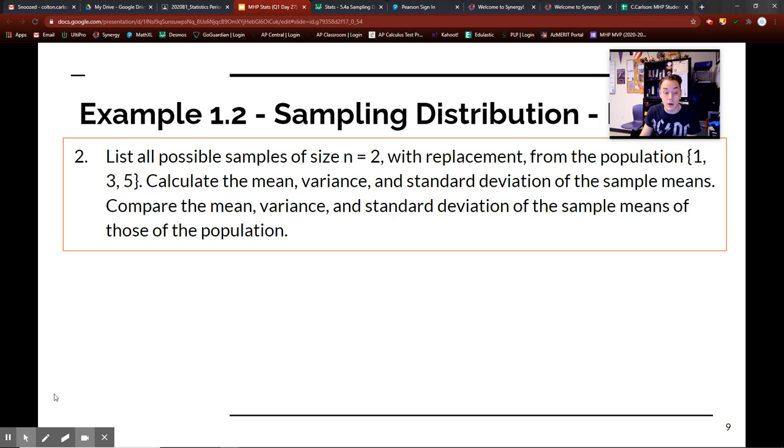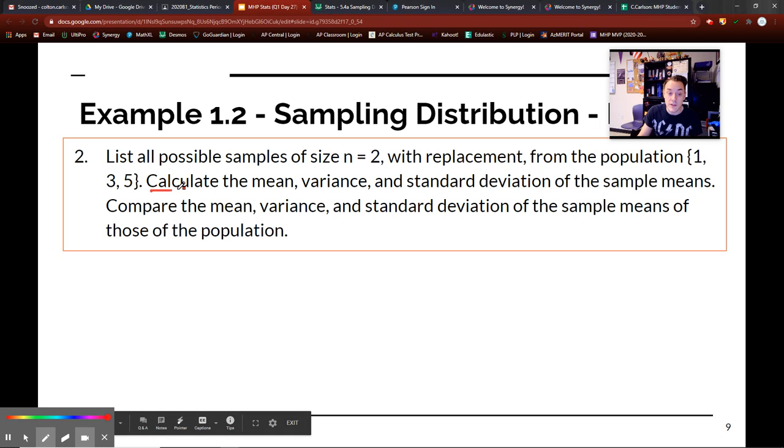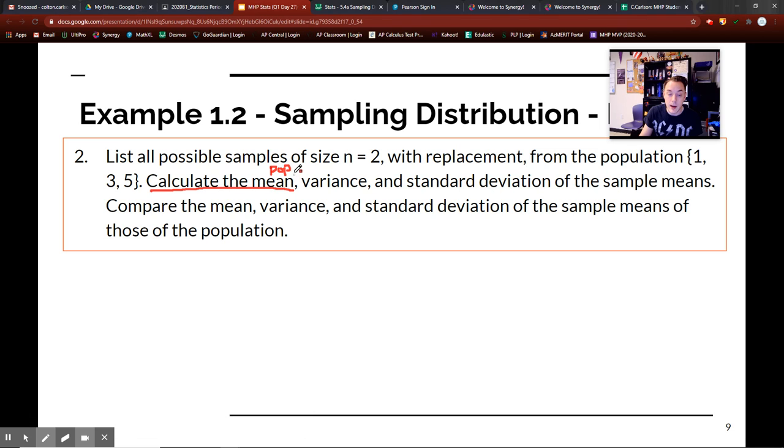So now what it's asking is find the population mean, which is going to be equal to mu, my sigma squared for variance, and then my standard deviation, which is just sigma. Okay, that's what it wants us to find.